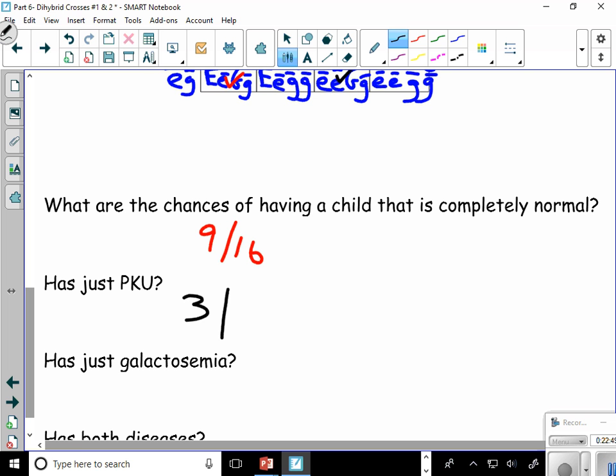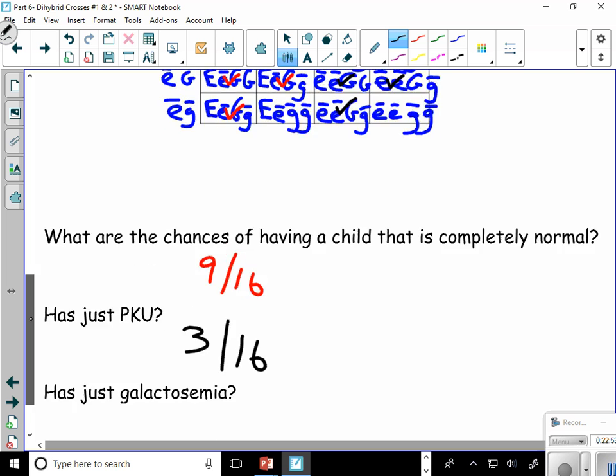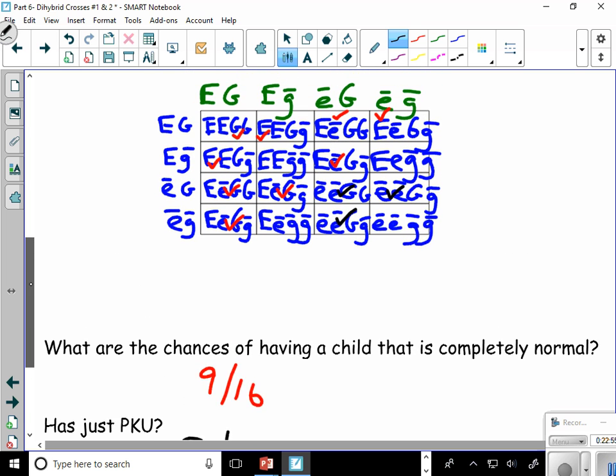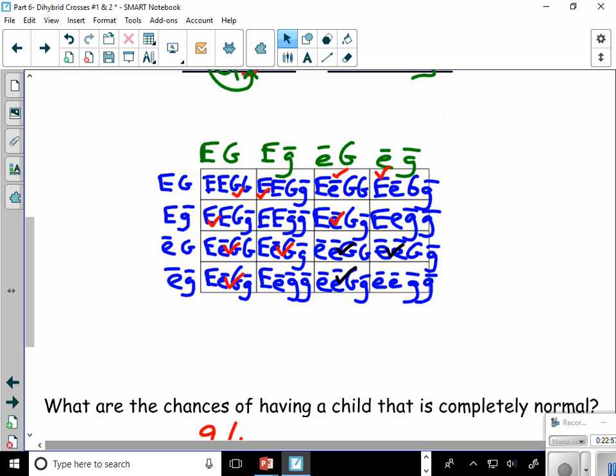3 out of 16. How many have just galactosemia, which is going to be ones that have lowercase g's, right? Yep. Yep. Yep.